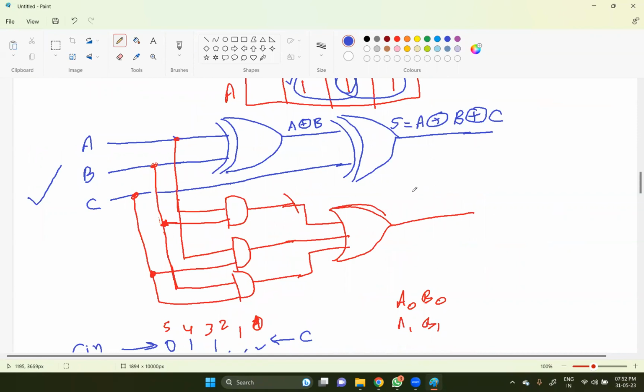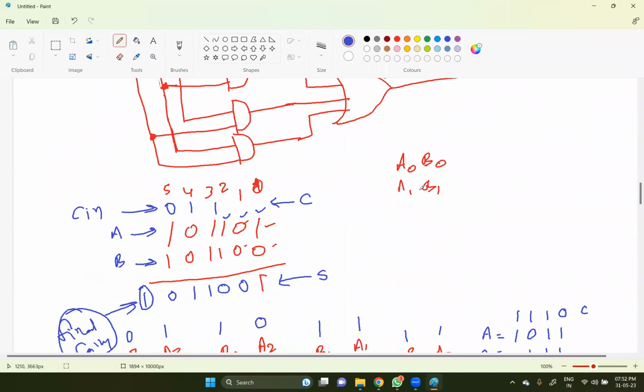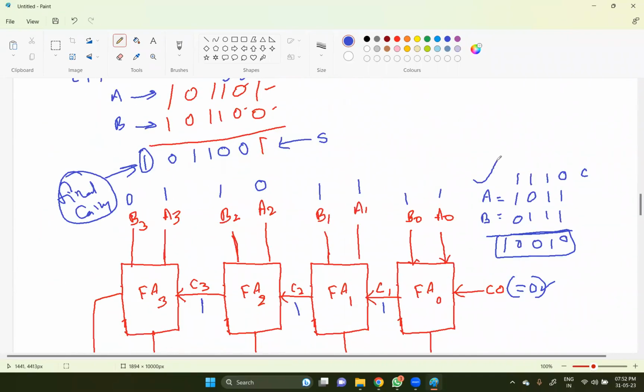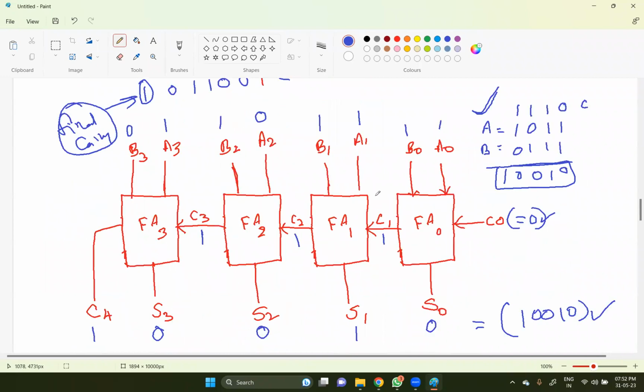And if you want to add more than 2 or 3 bits, some sequential number of bits, something like this, then you would like to take a multi-bit adder. Input A might have several bits, input B might have several bits, and then you add them like this.